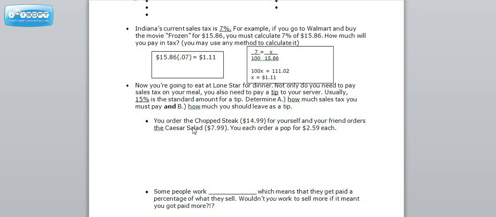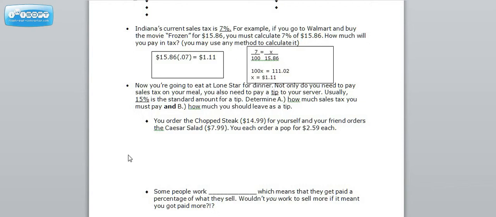So here's what you've ordered for your dinner. You ordered the chopped steak for $14.99, and your friend orders the Caesar salad for $7.99. You each order a pop for $2.59 each. Like I said in a couple previous lectures, the price for soda pops has really gone up, and there's a huge markup for soda.